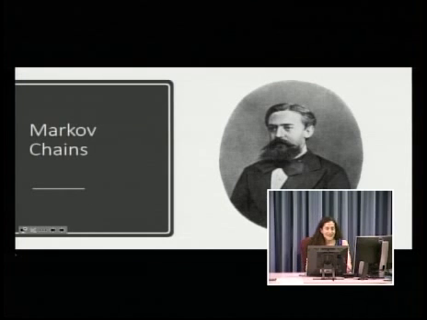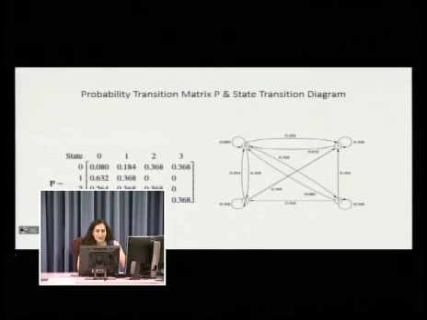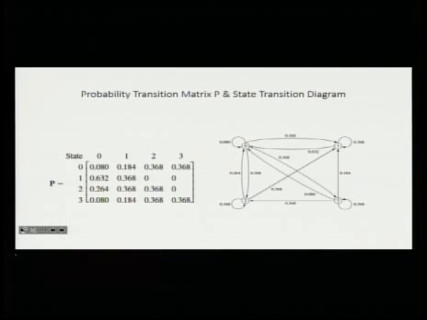So to begin, here's just a few preliminaries that we all know about Markov chains. On the left we have our probability transition matrix P and our state transition diagram. We can think of our matrix P as representing the linear algebra point of view for describing a Markov chain.